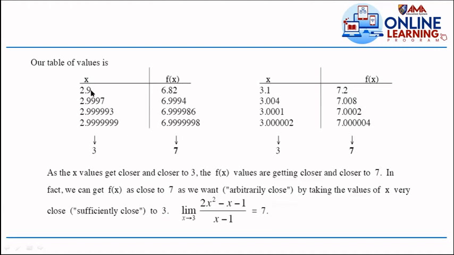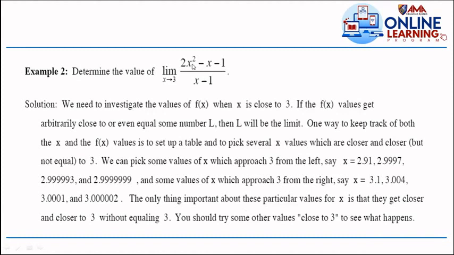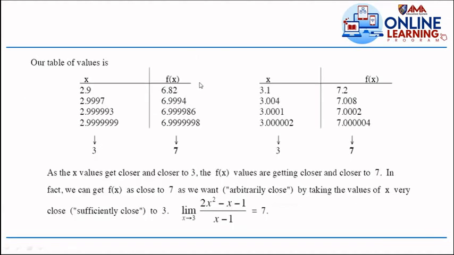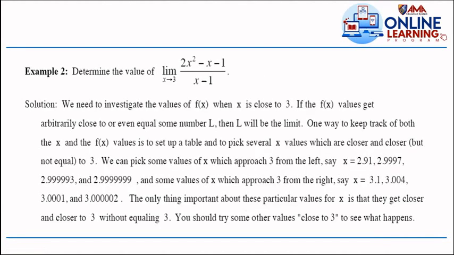So you're going to substitute yung x dito which is 2.9 doon sa ano natin, functions po natin. 2.9 squared times 2 minus 2.9 minus 1 divided by 2.9 minus 1. So if you're going to compute for that one, your limit is equal to 6.82.